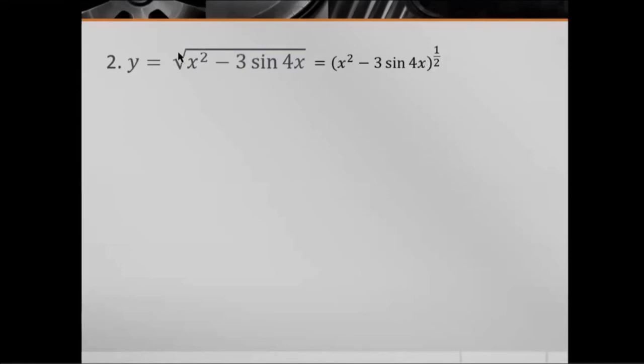Because the square root is the same as a rational exponent of 1/2. Okay, next. Let u represent x squared minus 3 sine 4x. This will now be our u.